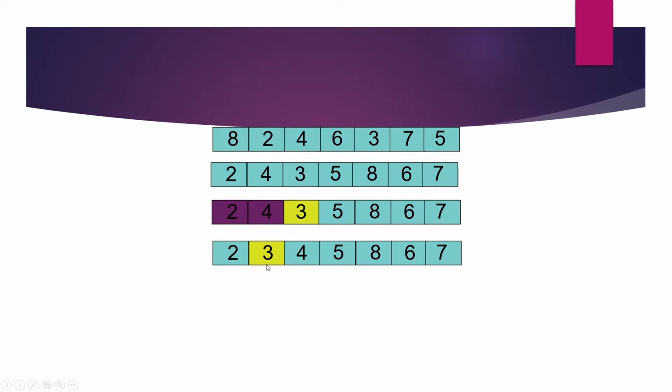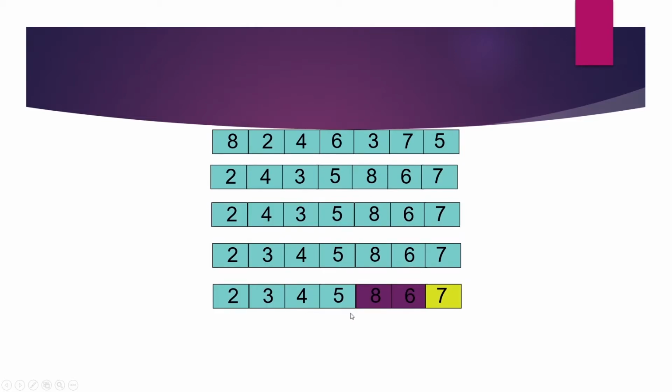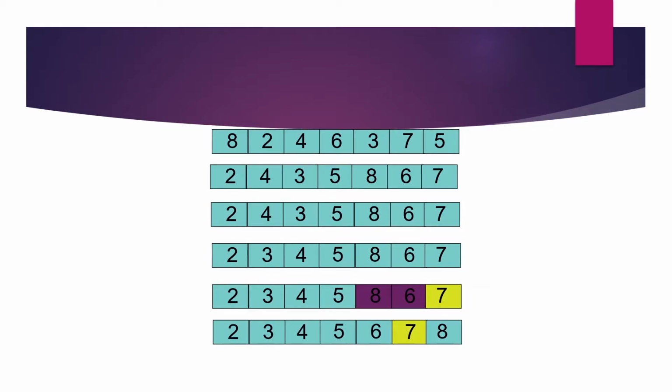Now we will apply partition at the right side of our first pivot, which is 5, so the right side is here. 7 will be chosen as the pivot, and the elements that have smaller values than 7 will be placed to its left, and the elements that have greater values than 7 will be placed to its right, like this.